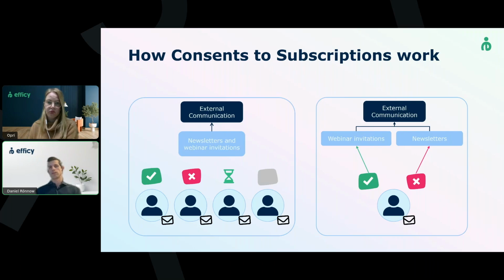It could also be great in that sense. So this is how consents relate to the subscriptions. It's a dynamic kind of setup in terms of who you can send to that is subscribing to your subscription. It also means that the subscriptions can have more subscribers, and you can see who has subscribed to that subscription before, but they're still opted out, so you cannot send to that subscriber.